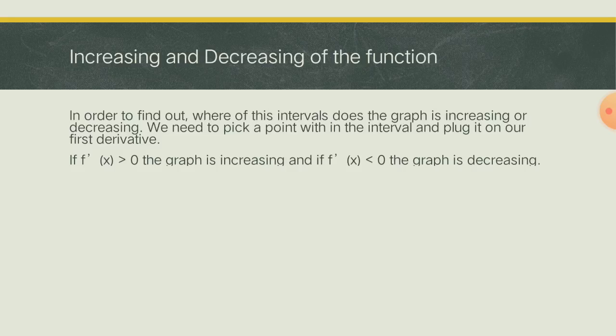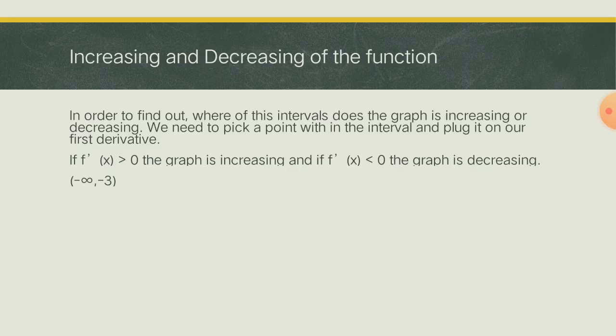If f prime of x is greater than 0, the graph is increasing on that particular interval. And if f prime of x is less than 0, the graph is decreasing on that particular interval.